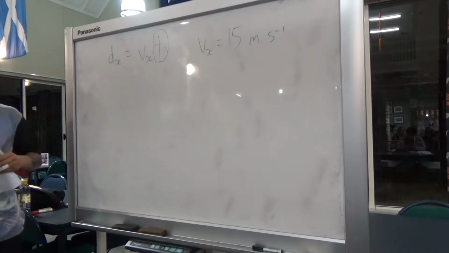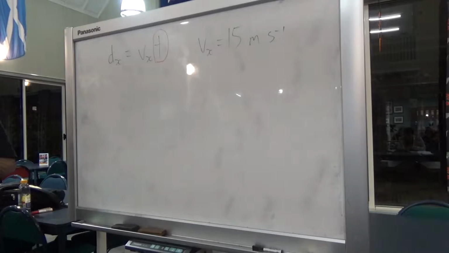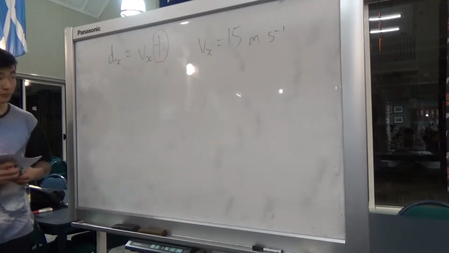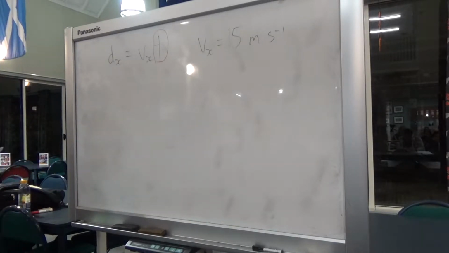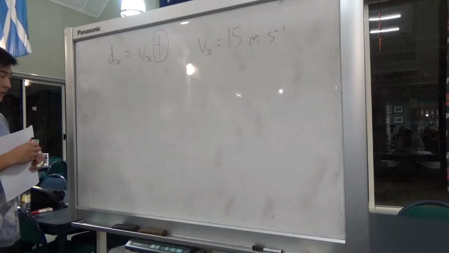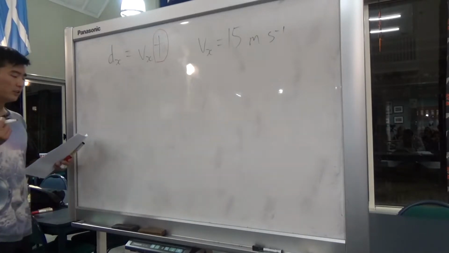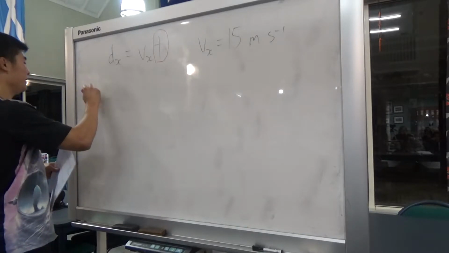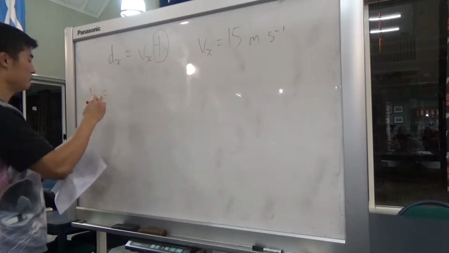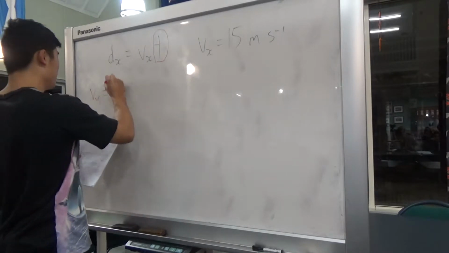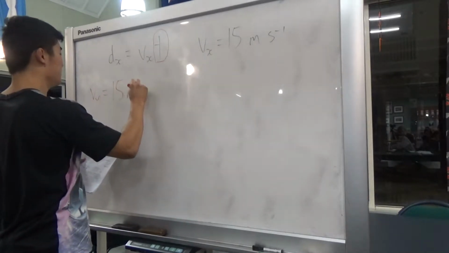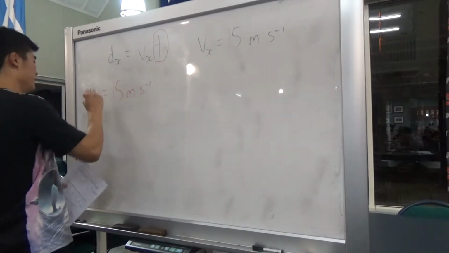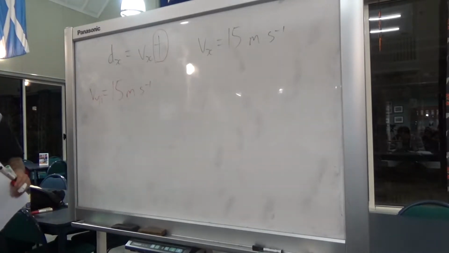Okay, so the way we're going to do that is by using the vertical component of the velocity. So the initial vertical component, Vy, was equal to 15 meters per second, and that's the initial velocity.